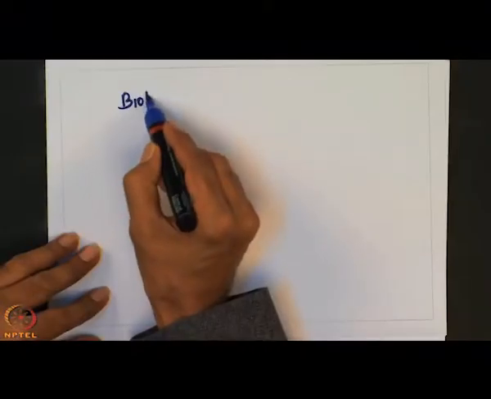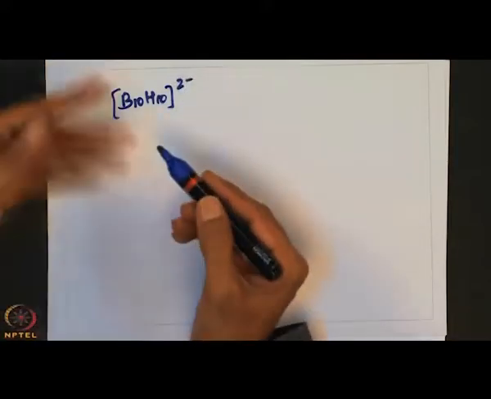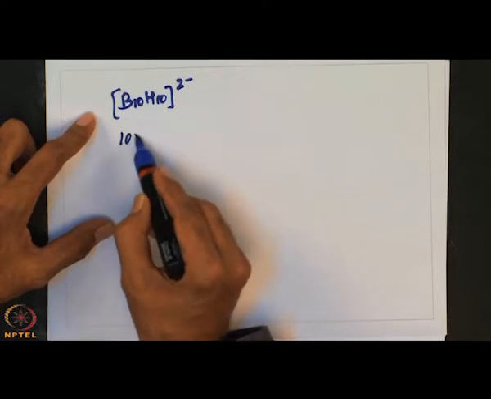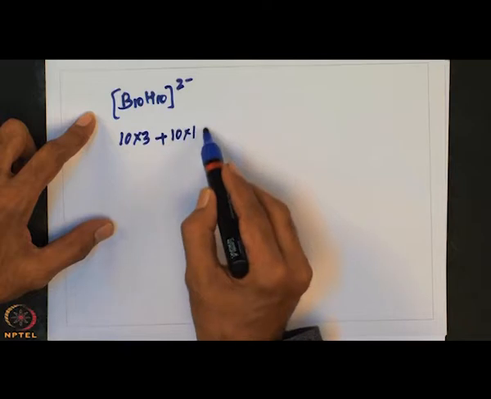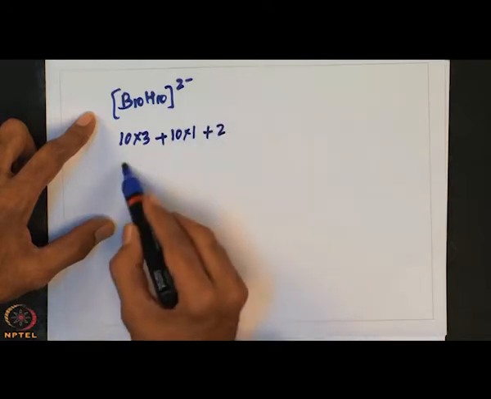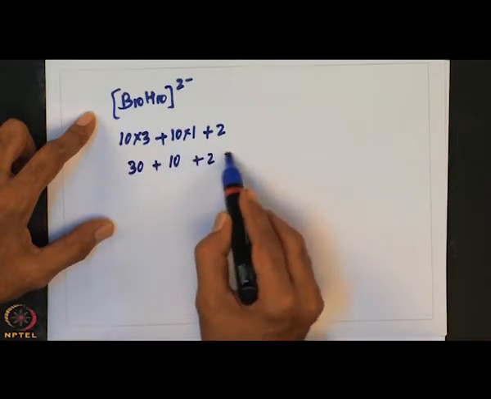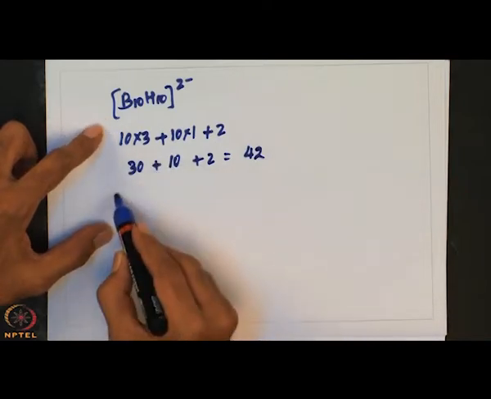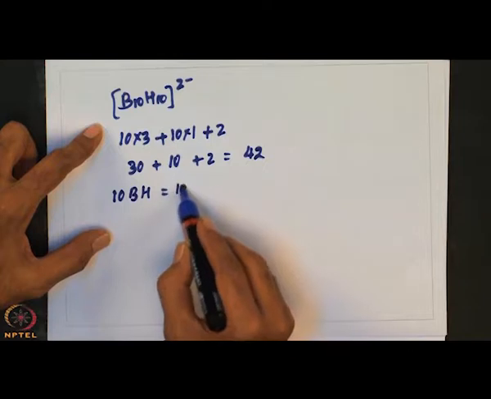Now about B10H10 2 minus, in the same fashion we can count. Each boron is giving 3 electrons, so 10 into 3, plus 10 into 1, plus the charge. So, 30 plus 10 is 40, plus 2, so 42 electrons are there. Out of 42 electrons, we have to deduct 20 electrons for 10 BH bonds, 10 into 2.